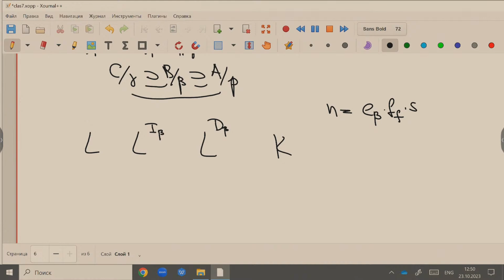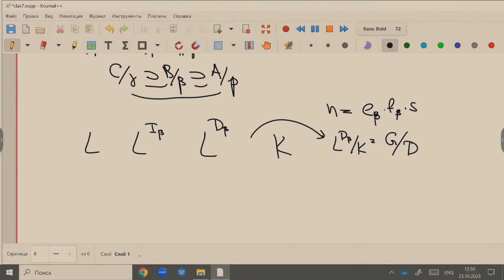And one can see that this degree of extension is precisely just L D beta over K. It is precisely just the number of elements in the orbit of, this is just G over D.